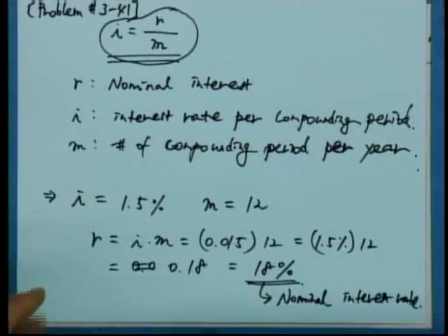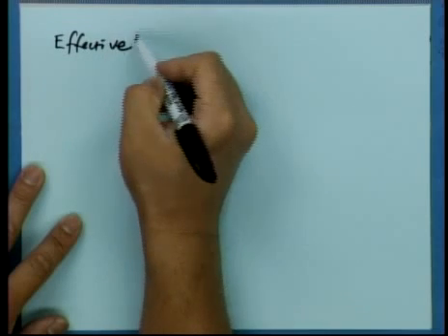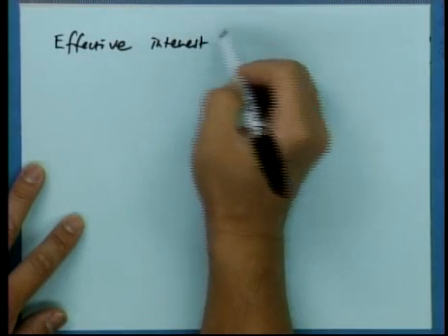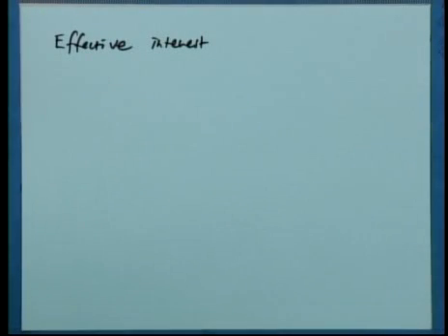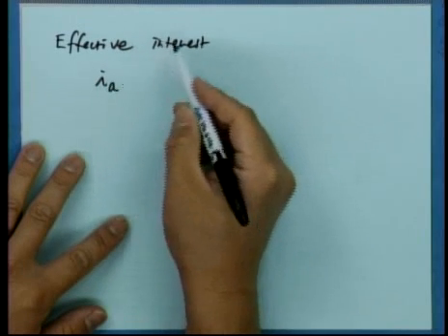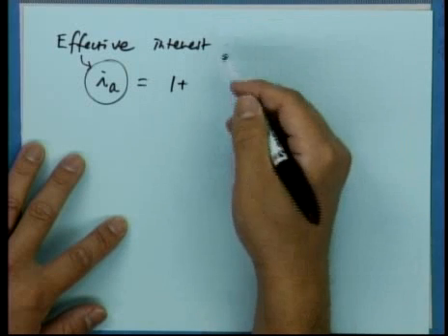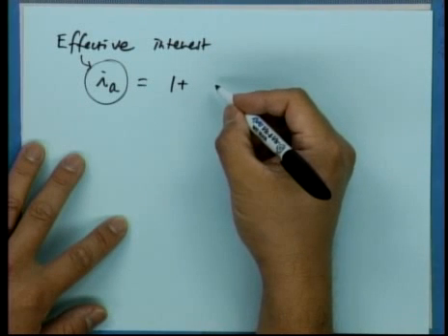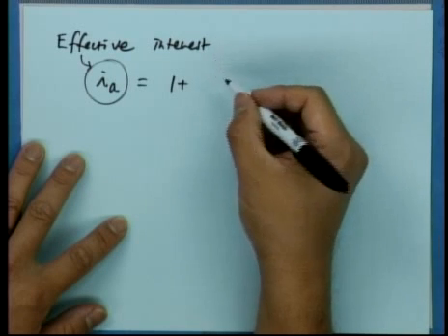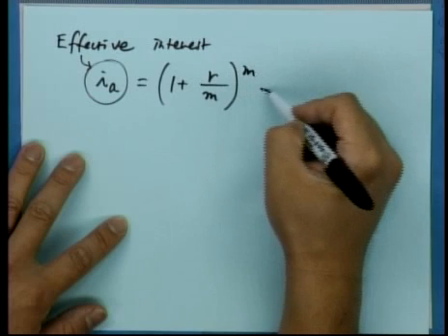Then how about the effective interest rate? We've learned that the effective interest rate can be obtained by this formula. i sub a, the effective interest rate, is equal to 1 plus r over m to the power m minus 1, right?